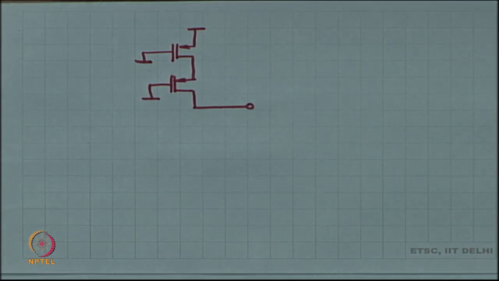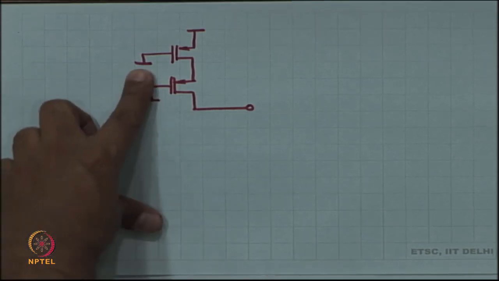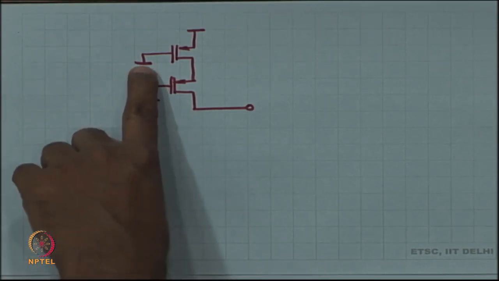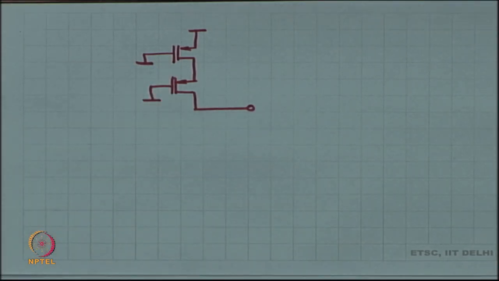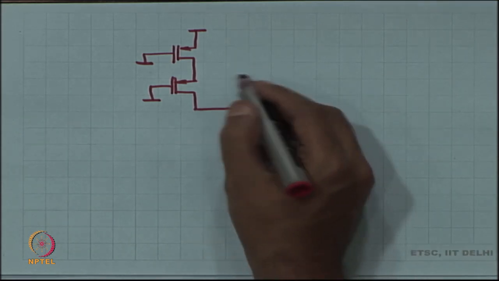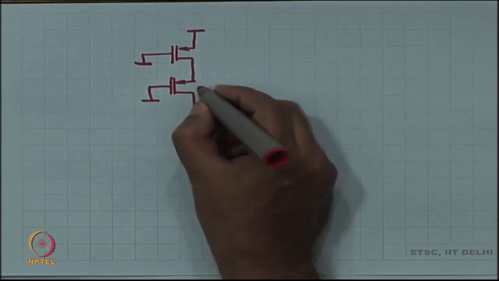I have replaced the NMOS with PMOS devices. It is still a cascode kind of structure. I have replaced the input voltage with a ground, and this is in the small signal picture. What is going to be the input impedance of this?